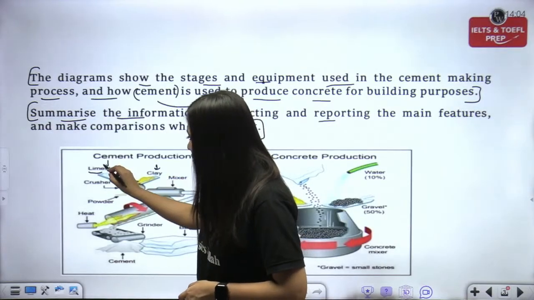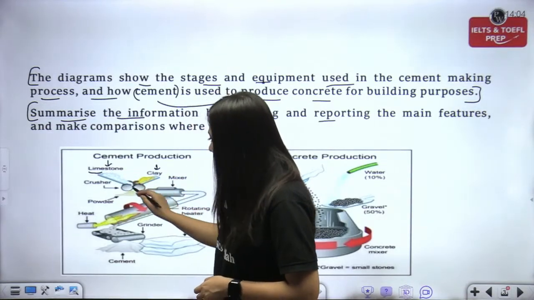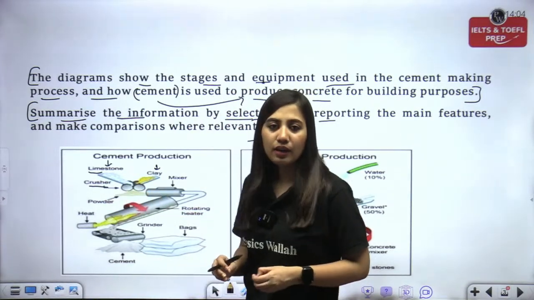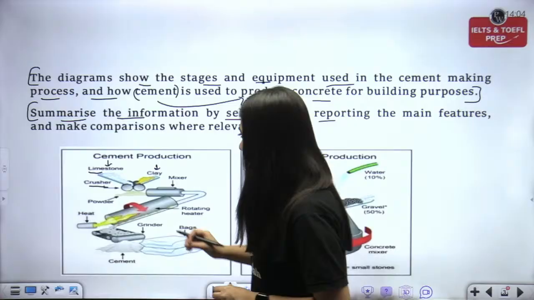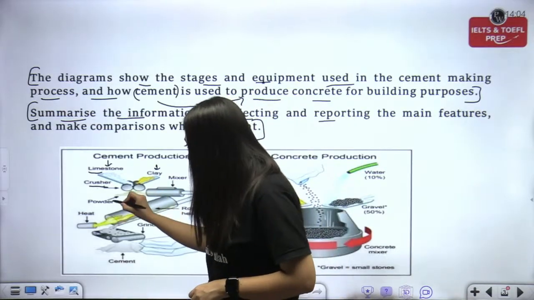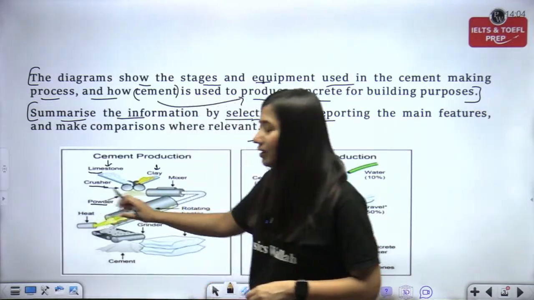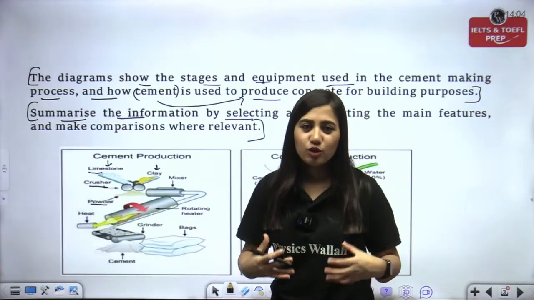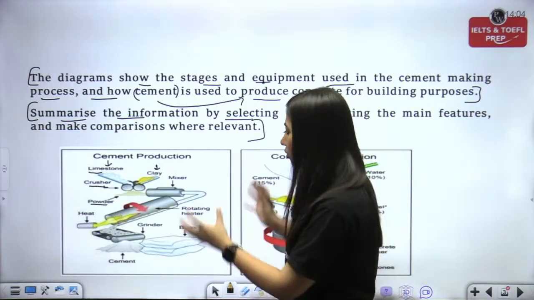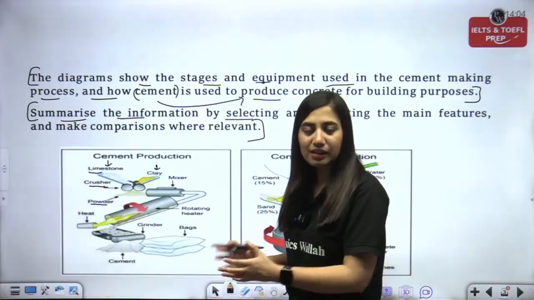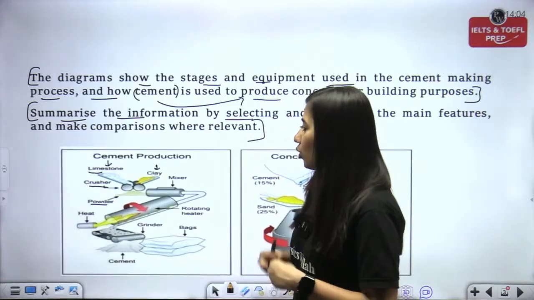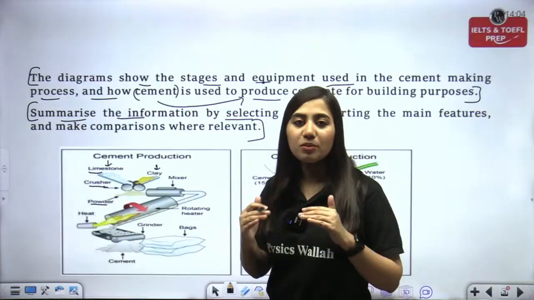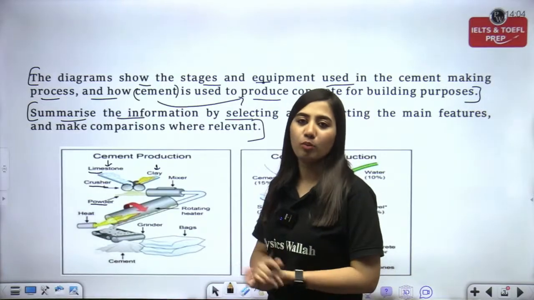Both are getting poured under the crusher and crushed. You always have to understand it in your own way, interpret what is happening in the figures, and divide it into steps so that you can write it properly later on.